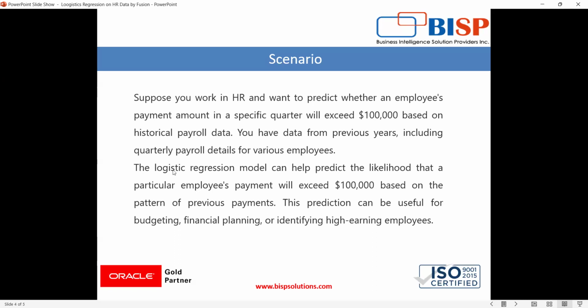The logistic regression model can help predict the likelihood that a particular employee's payment will exceed $100K based on the pattern of previous payments. This prediction can be useful for budgeting, financial planning, or identifying high-earning employees.